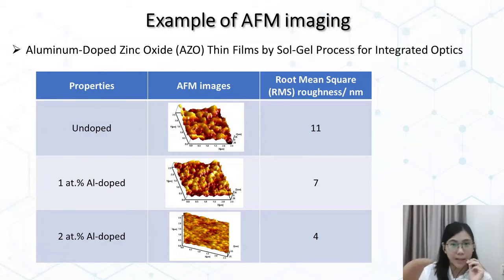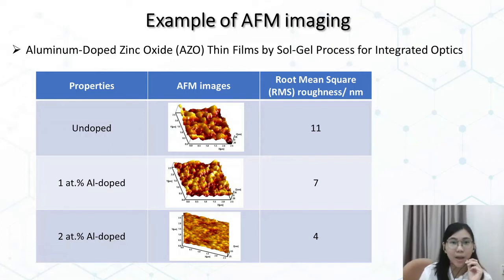The undoped 7-layer sample would present an RMS of 11 nanometers. This value would decrease to 7 nanometers for the 1 atomic percentage of aluminum sample, whereas the 2 atomic percentage of aluminum sample would present an RMS value of 4 nanometers.